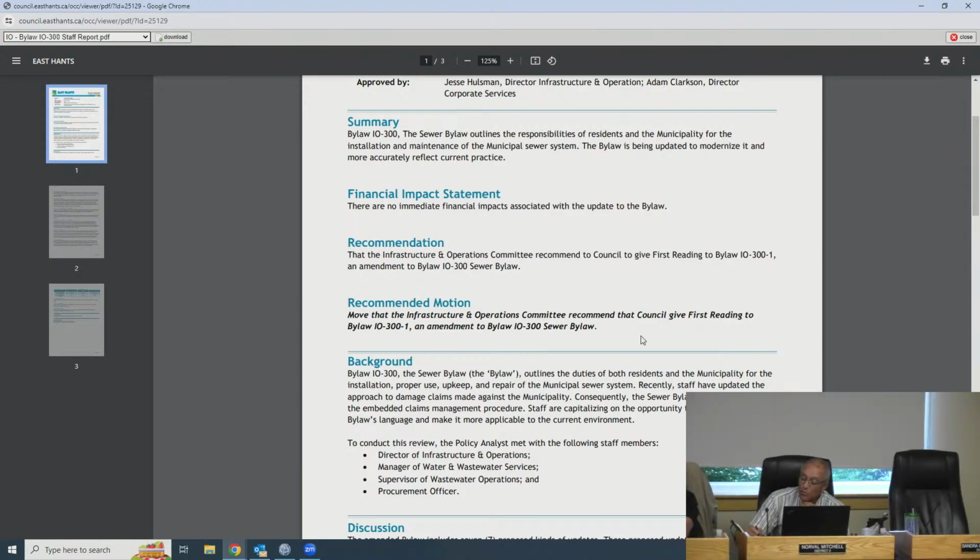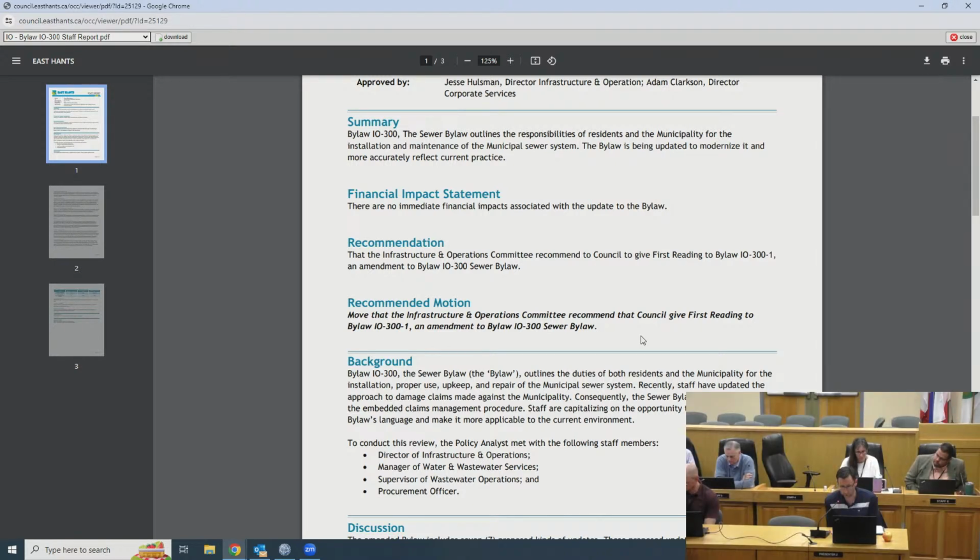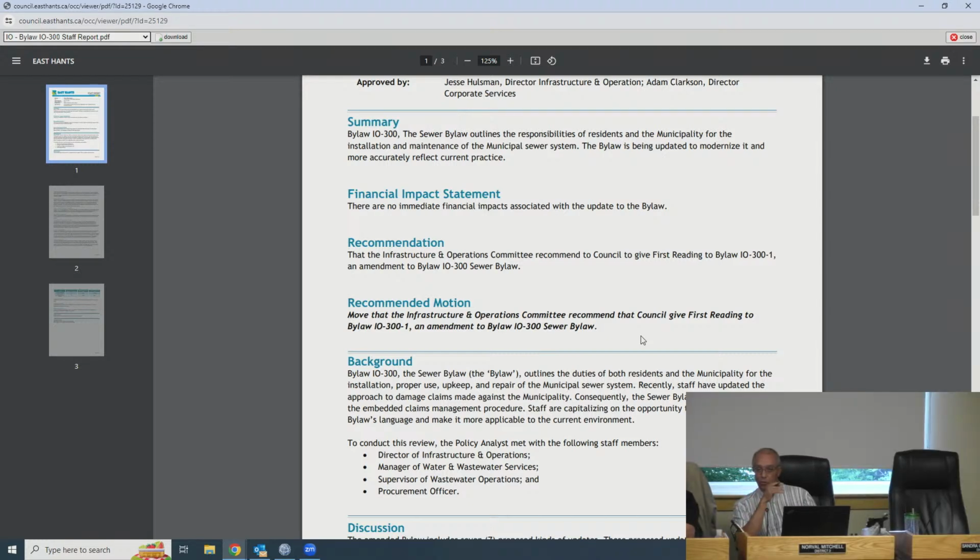Thank you, Madam Chair. Where does the lateral of the sewer line begin for a resident? Is that from the ditch in or from the road in? Through Madam Chair, the infrastructure boundary is the property line.